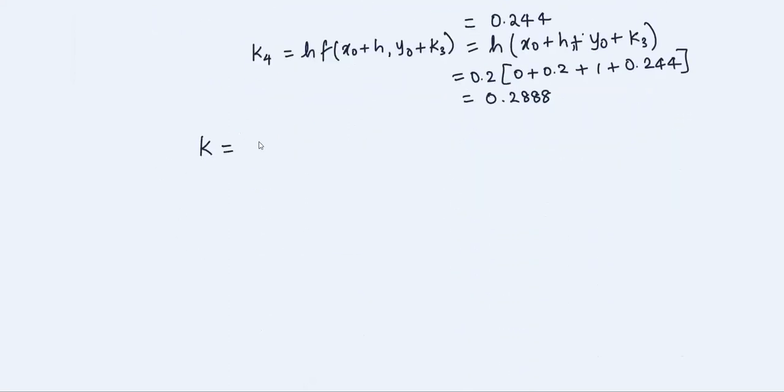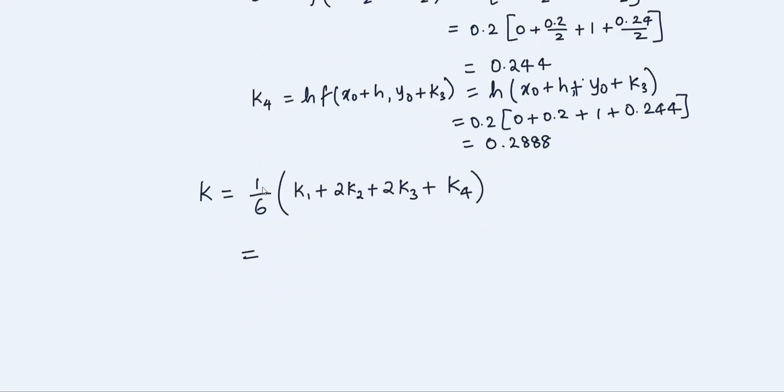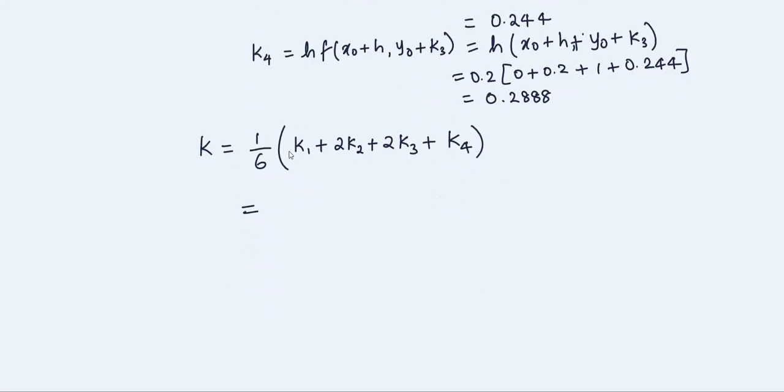Now K is 1 by 6 times K1 plus 2 K2 plus 2 K3 plus K4. It has to be a weighted average. Okay. Why 6? Because 1 plus 2 plus 2 plus 1 is 6.